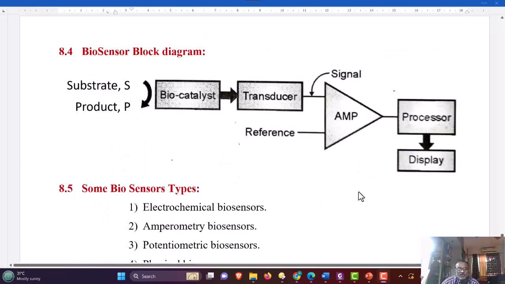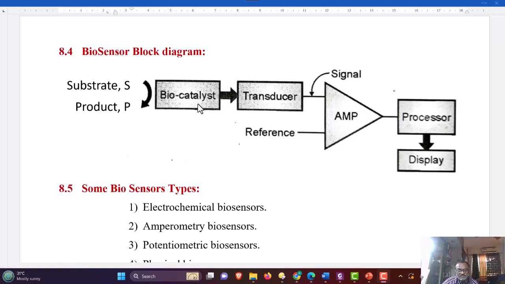The biosensor block diagram is shown in the following figure. Whatever the analyte, called the sample, maybe a blood sample for example, is given to a biosensor, which is basically a biocatalyst. It will convert that sample to product, and during this reaction some parameters of the product change.